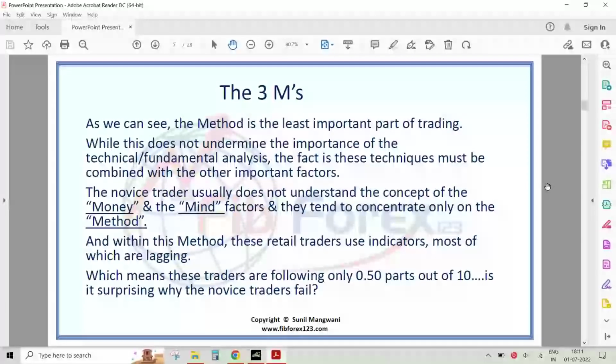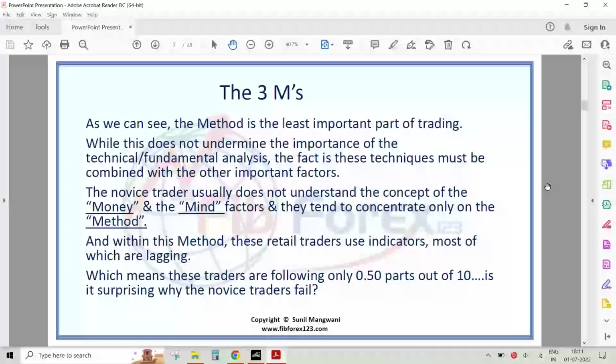Right. So you see, method is the least important part of trading. Of course, this does not undermine the importance of technical analysis or fundamental analysis, whatever you may be using to analyze your trades or your trading systems. The fact is that these techniques must be combined with the other important factors of money and mind.